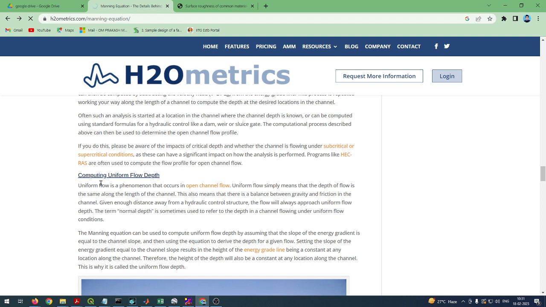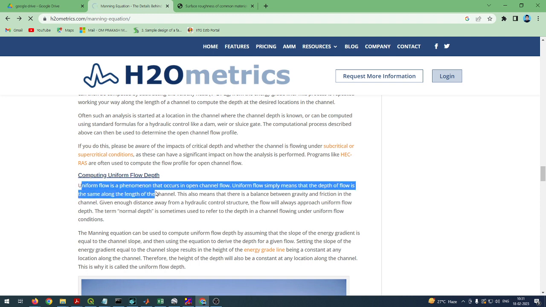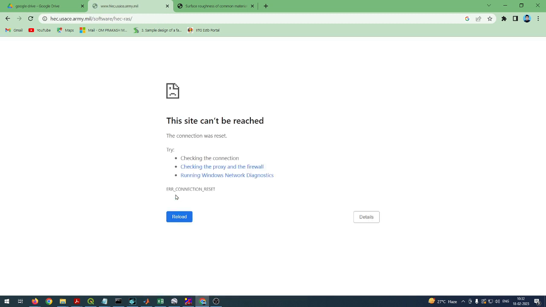Computing uniform flow depth. Uniform flow is a phenomenon that occurs in the open channel. Uniform flow simply means that the flow depth is the same along the length of the channel.